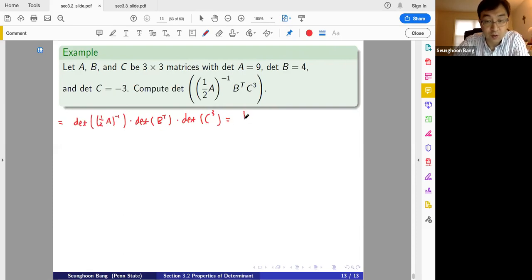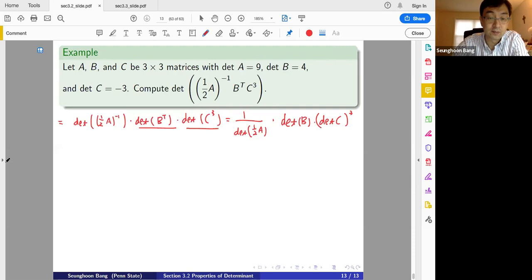Here, this is an inverse, so you can change it to 1 over the determinant of 1 over 2 A, times the determinant of the transpose of B, which is exactly the same as the determinant of B, times the determinant of C to the power 3.